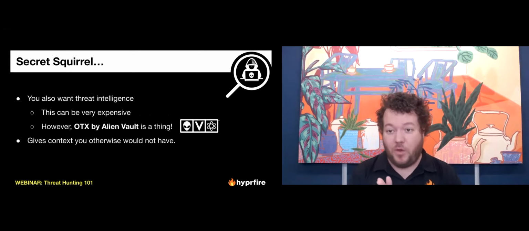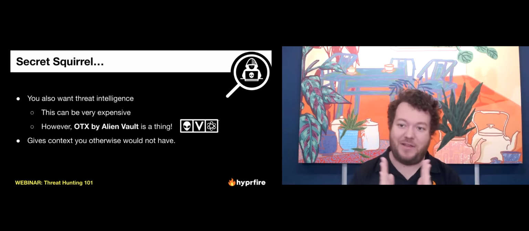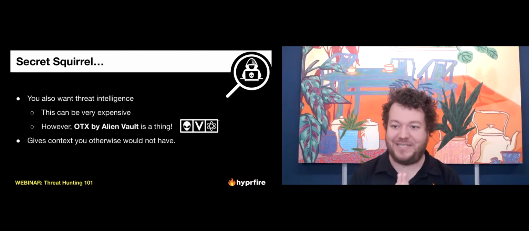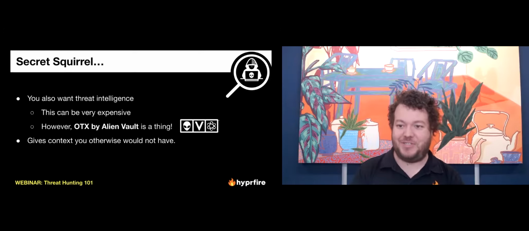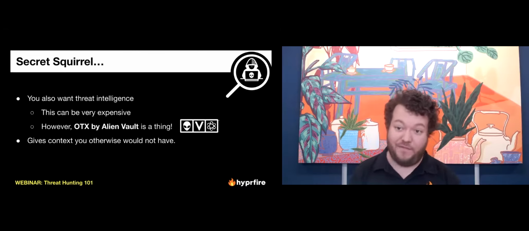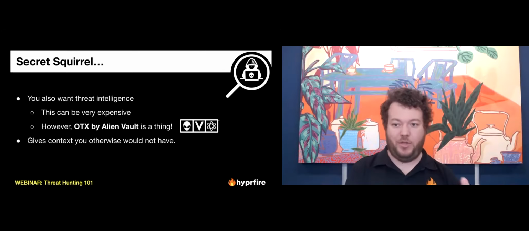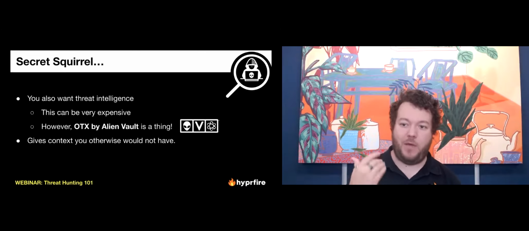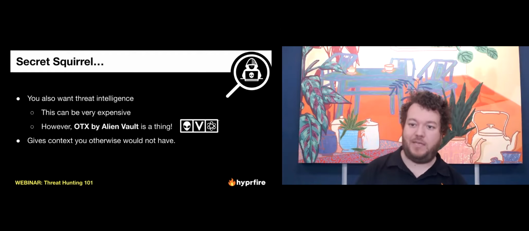And the last thing you'll want, and this is very, very important for threat hunting in general, is threat intelligence. Threat intelligence forms the other half of this hunting loop. And if you don't have any, you're going to have a very bad time, because you won't know what other people know, right? You'll go, okay, my computer is connecting to this IP address.